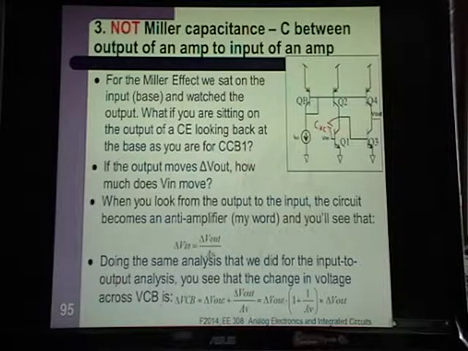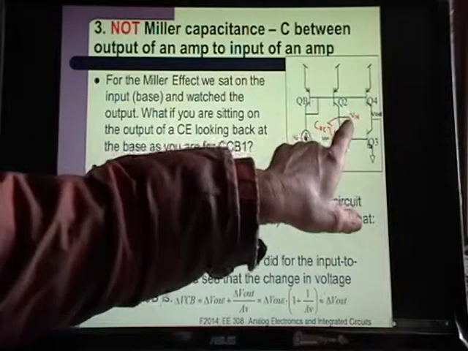Right there, but we're sitting on this node right here. Now, if this node moves, this node moves too. But let's say Vn moves 1 volt.